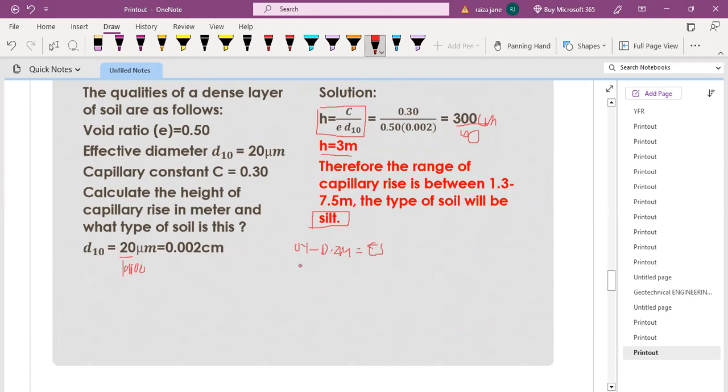And then if it is 0.3 to 1.2, it is fine sand. If it is 1.3 to 7.5, in meter, it will be silt.